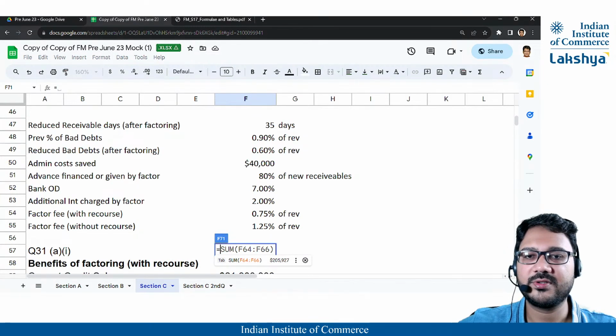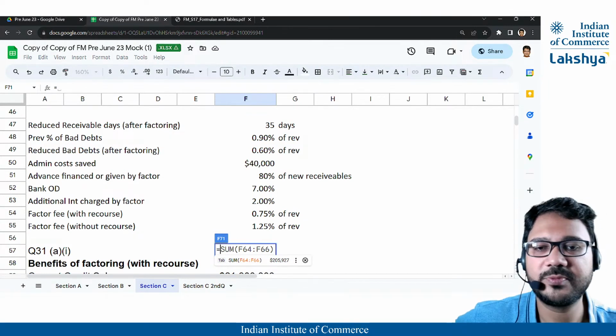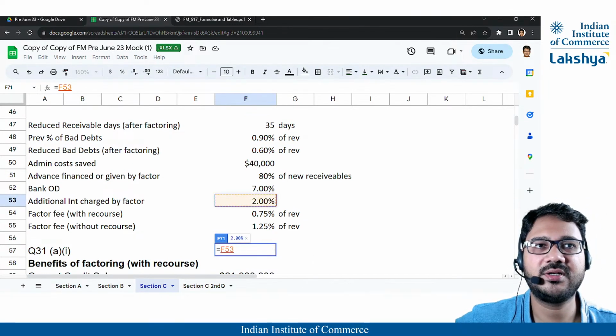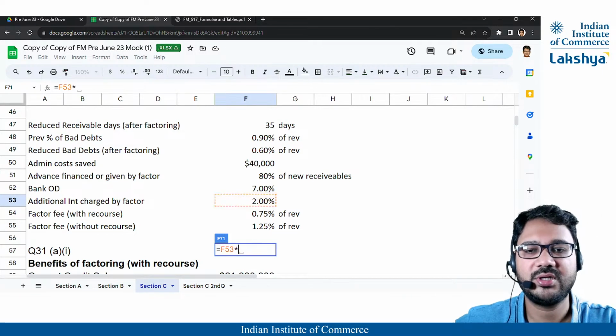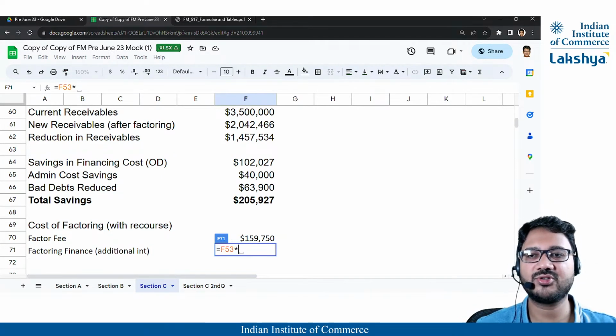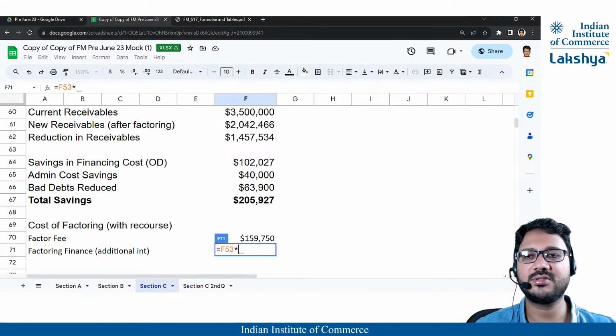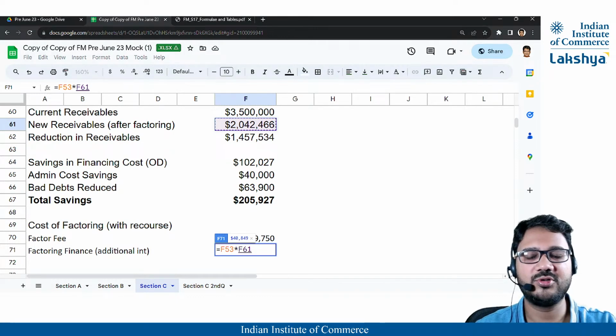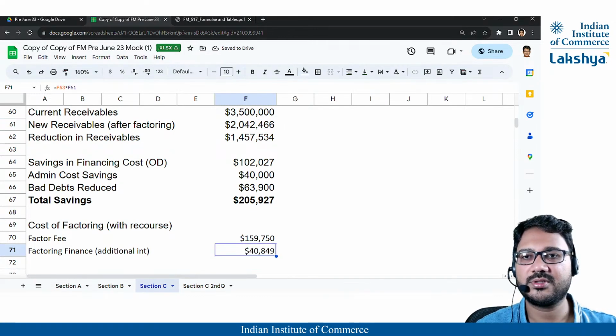Did we write advance given? Yeah, 2% is the additional factor that we are going to charge. Now this is used for financing the entire receivables, that additional that we have to pay. It's not only on the reduction. So we are going to take the whole new receivables. So wait a minute.